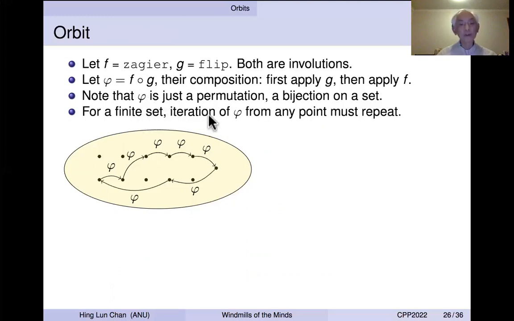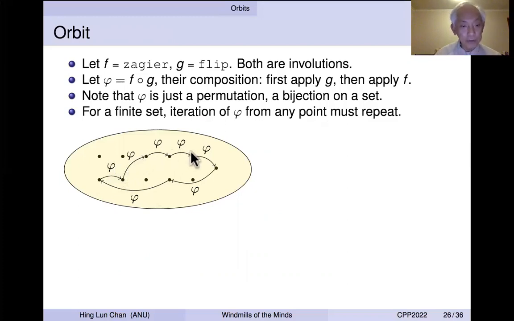And for a finite set, each iteration of this composition from any point must repeat. Like this diagram. Say we start with this point, and the map phi will give us another point. Another phi will give us another point, a different one possibly.